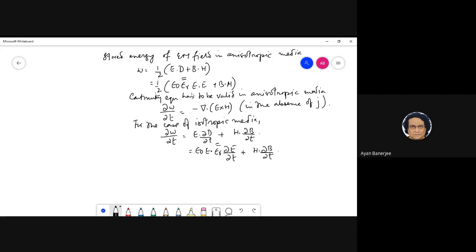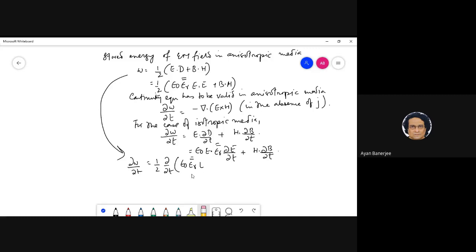So if I take this and do del W del t, from that I get half of epsilon 0 epsilon R. You can just write directly the answer.